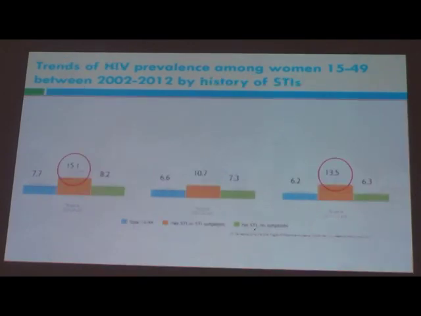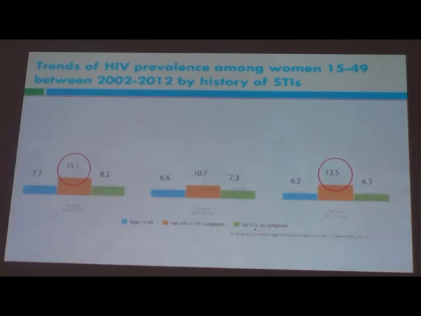And we look at the prevalence of a history of sexually transmitted diseases. I put circles on those who reported to have a history of infection. You could see the prevalence is very high, and it has not made any significant change, from 15.1% to only 13.5% 20 years later.